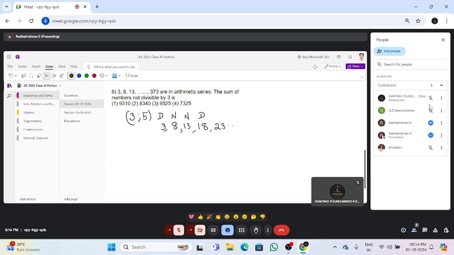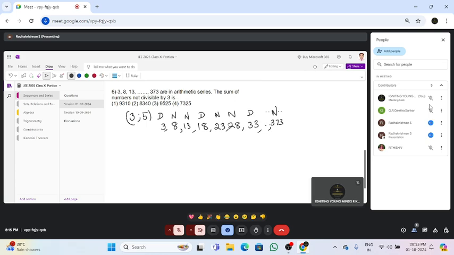Next 23, 28, 33. It goes on the same way. So 23 is not divisible by 3. This is divisible by 3. It goes on up to 373. 373 is not divisible by 3. Before that, we can figure out which ones are divisible by 3.